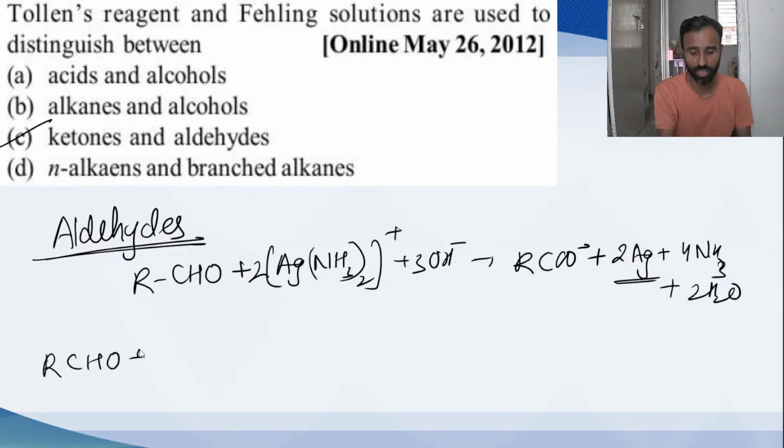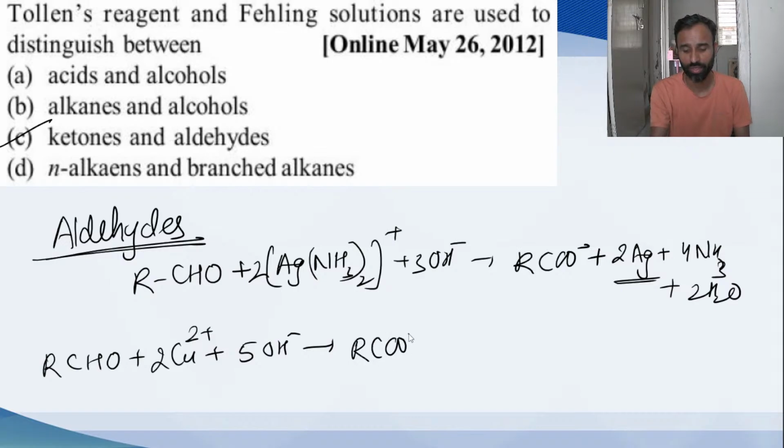Same for Fehling's solution test. Fehling's solution is an equivalent mixture of Fehling's A and Fehling's B. Fehling's A is copper sulfate and Fehling's B is Rochelle salt, sodium potassium tartrate, and that will give RCOO negative and a brown precipitate.